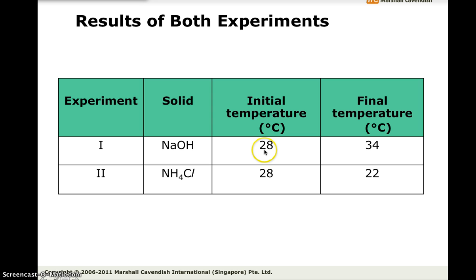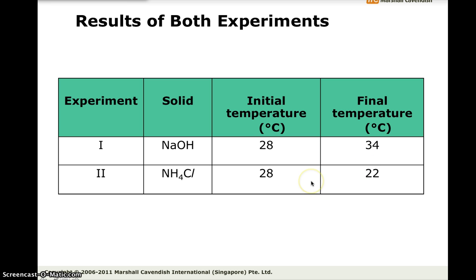For the first one, an increase in temperature is registered. For the second one, a decrease in temperature is registered. I don't know how many times I have emphasized this, but the temperature here refers to the surrounding temperature. So for experiment 1, the surrounding temperature rose.